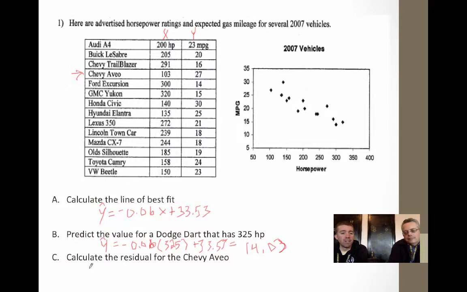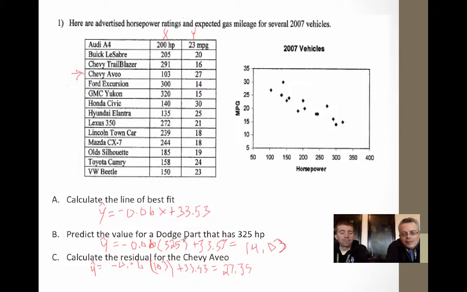Well, we need to find the predicted value. The Chevy Aveo gets 103 horsepower. So negative 0.06 times 103 plus 33.53 is 27.35.